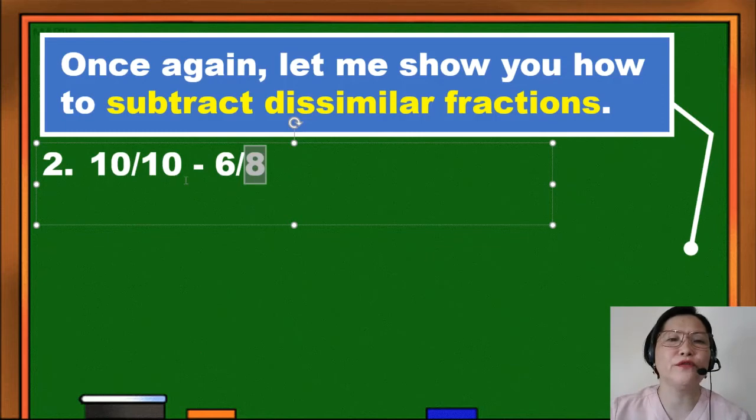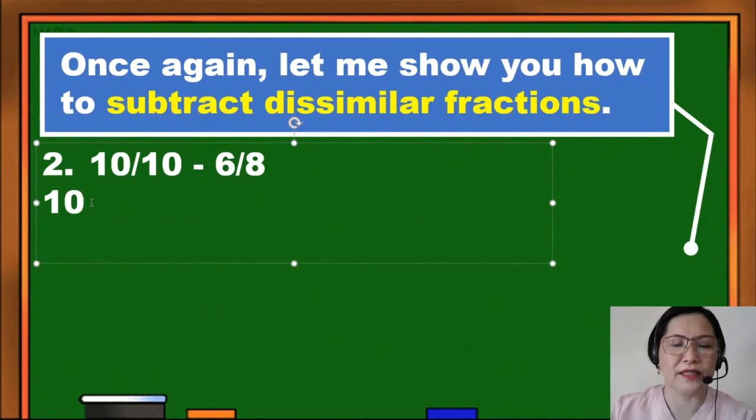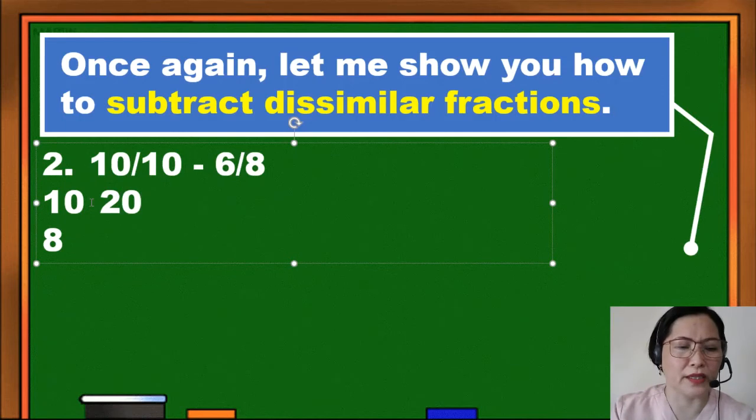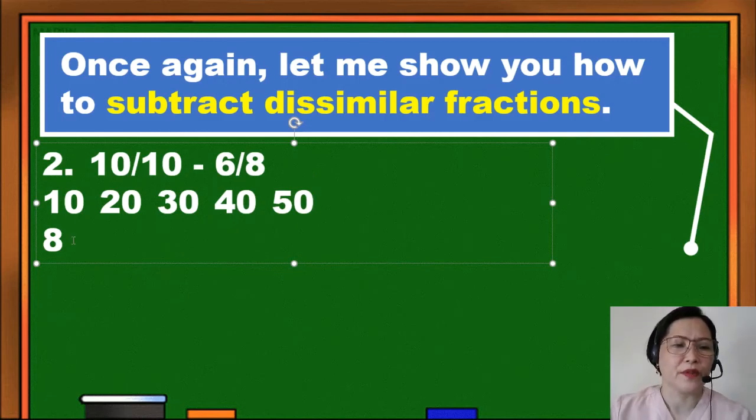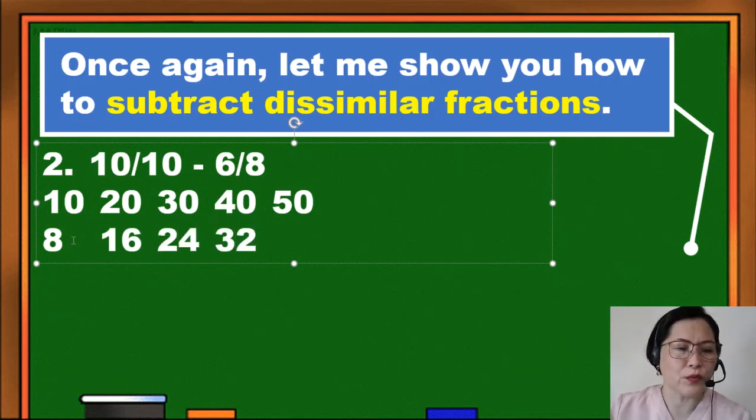So I have here 10 and then 8. Let's do the multiples of 10. 10 plus 10, 20. 20 plus 10, 30. 30 plus 10, 40. 40 plus 10, 50. 8 plus 8, 16. 16 plus 8, 24. 24 plus 8, 32. 32 plus 8, 40.